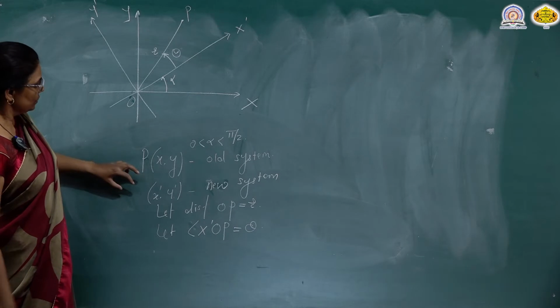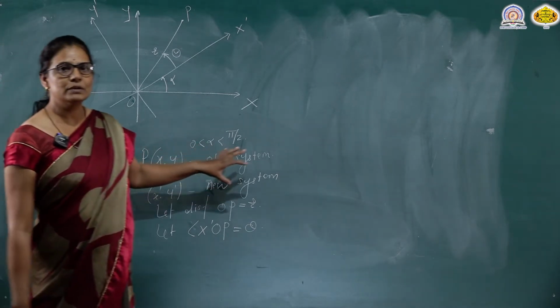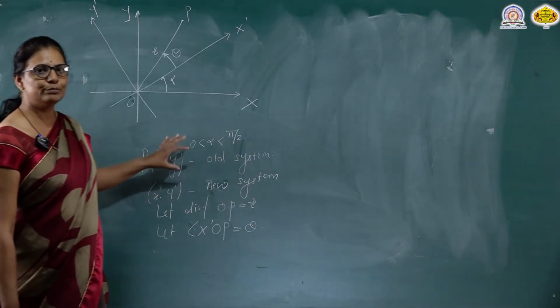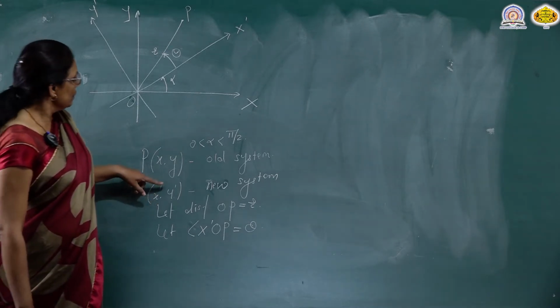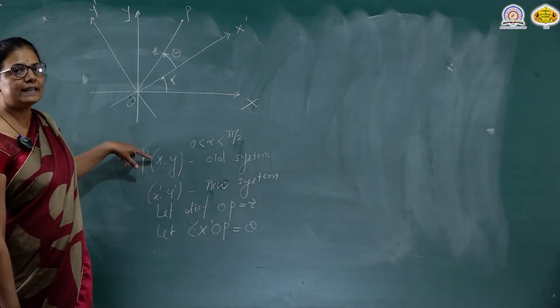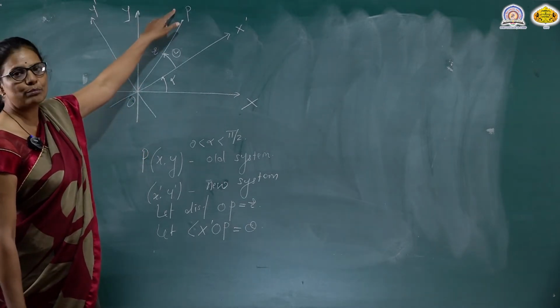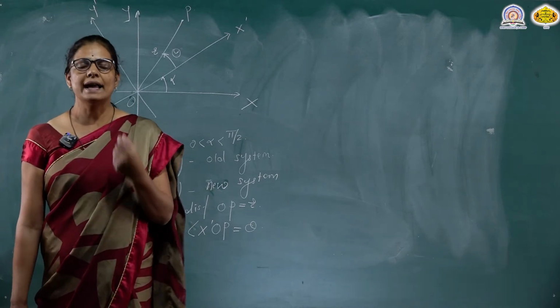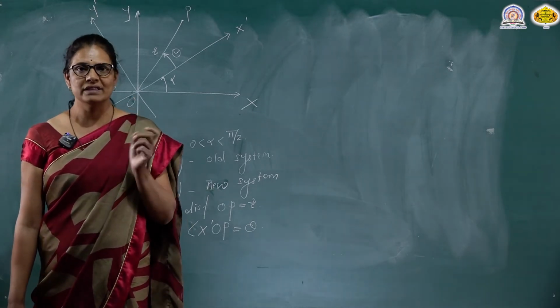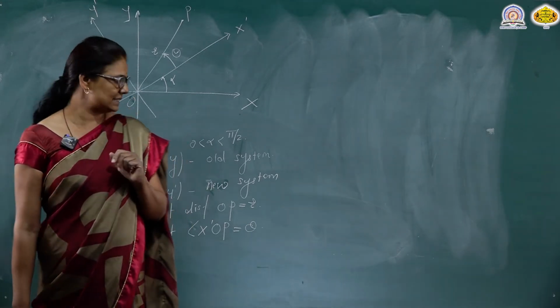Now we first write the polar coordinates of the same point with respect to the old as well as the new system. We know the first polar coordinate is the distance of that point from the origin, and the second polar coordinate is the angle made by the ray OP with the positive direction of x-axis.